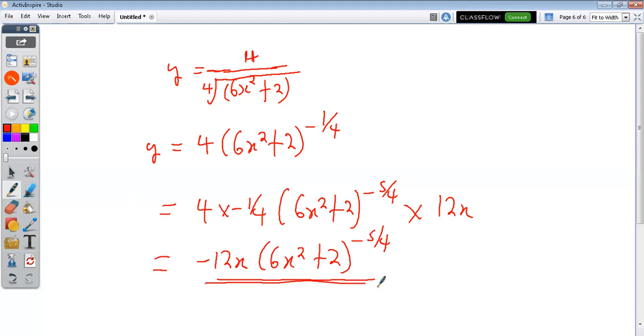Now we apply the same when it comes to trigonometry. That's what I want to show you now. I'll start with an easy example. For example, if I have y is equal to sine 2x, in my head I'm thinking of y is equal to sine u. I have to make it a single term.